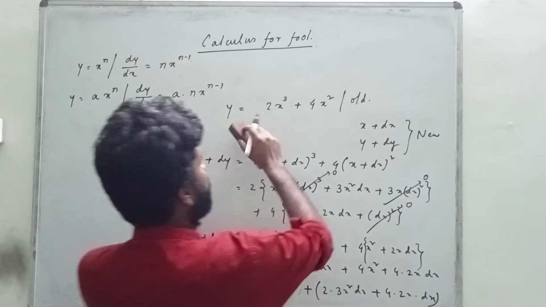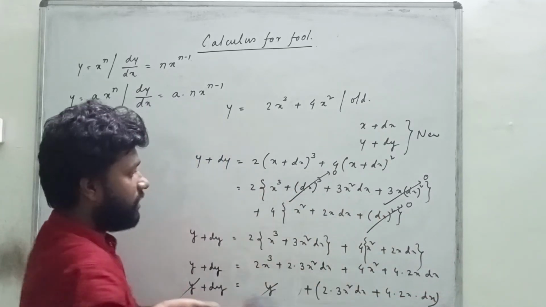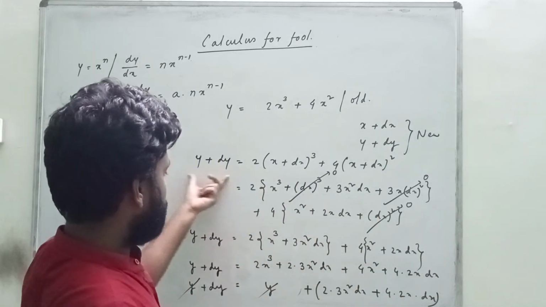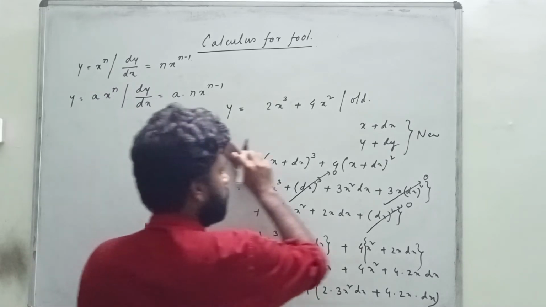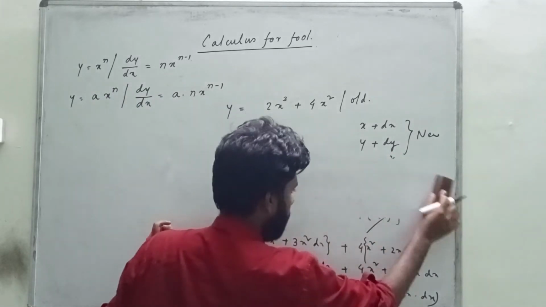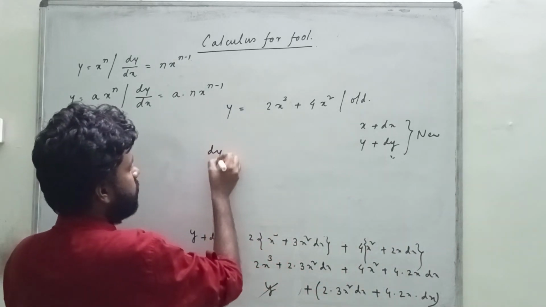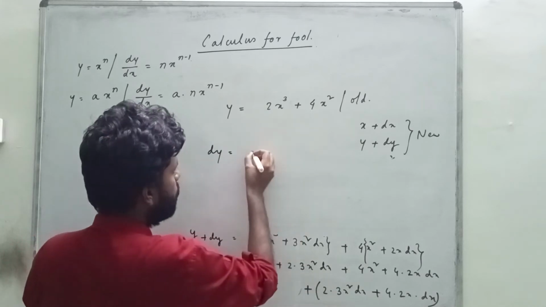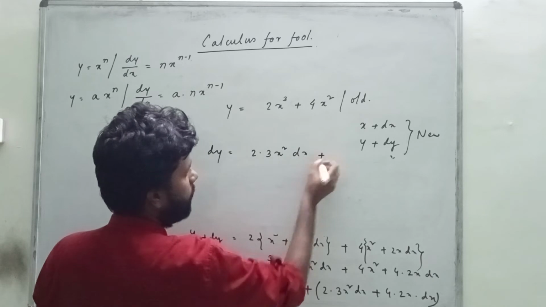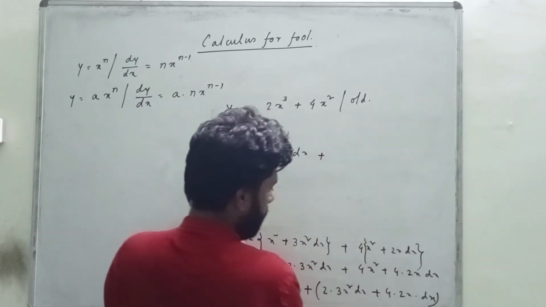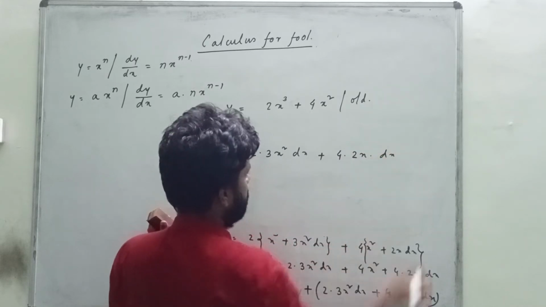Okay, I'll erase some part of this calculation. Now dy equals 2 into 3x squared dx plus 4 into 2x dx, right?